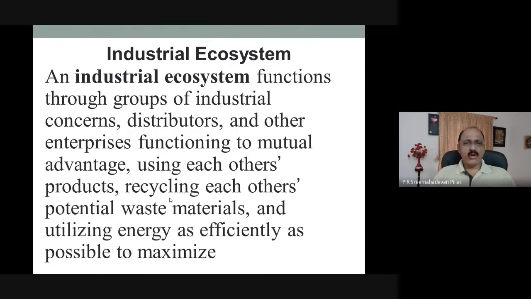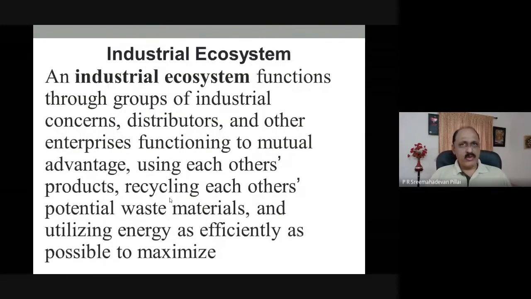An industrial ecosystem means the entire ecosystem produced by an industry and its surroundings. So an industry will have the producer, the distributor, and of course the consumer, and all these people have got different functions. And the producer also will have waste production. The distributor also will have, say, for example, packing, packaging, all these things may come to the distributor. And then the consumer also will have a lot of waste production.